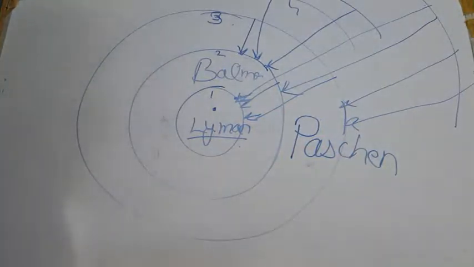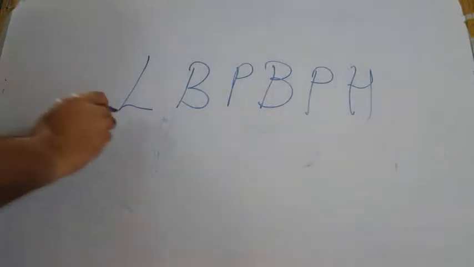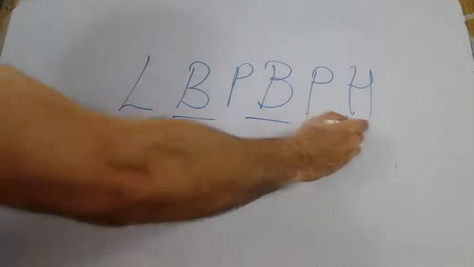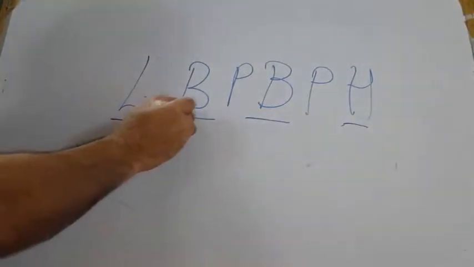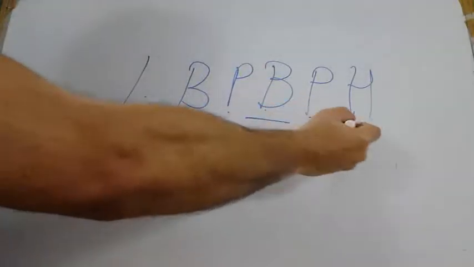You can memorize these series as L, B, P, B, P, H: L for Lyman, B for Balmer, P for Paschen, B for Brackett, P for Pfund, H for Humphreys.